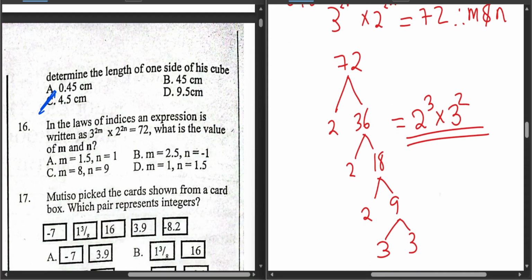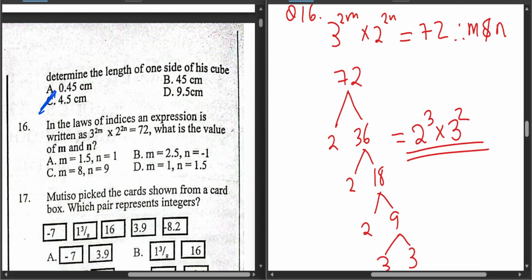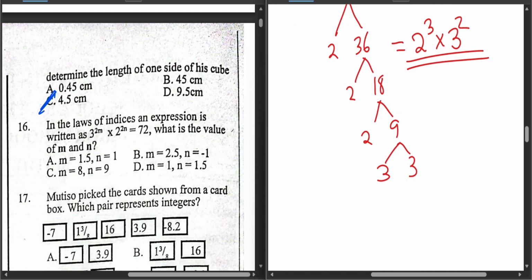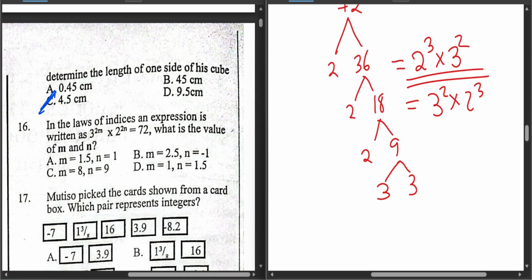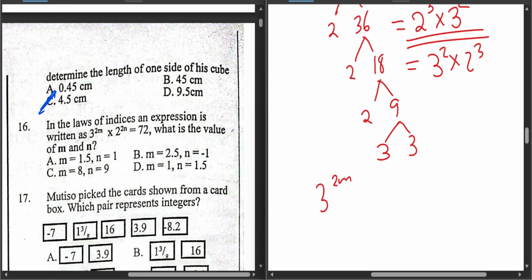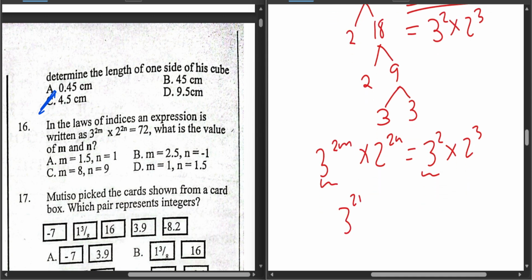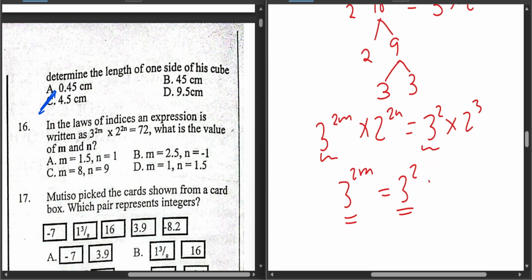Now, once you get to this position, let's write it like this: 3 to the power of 2 times 2 cubed. So 3 to the power of 2m times 2 to the power of 2n is equal to 3 squared times 2 cubed. Now 3 to the power of 2m is equal to 3 to the power of 2. Since the bases are the same, you just equate the powers, and therefore 2m is equal to 2, divided by 2, m is equal to 1.